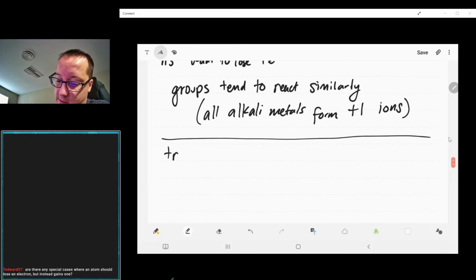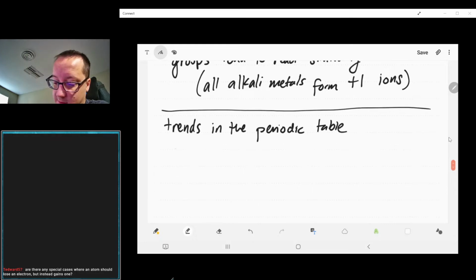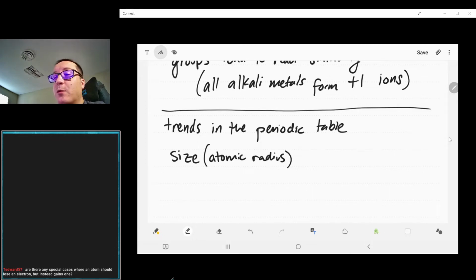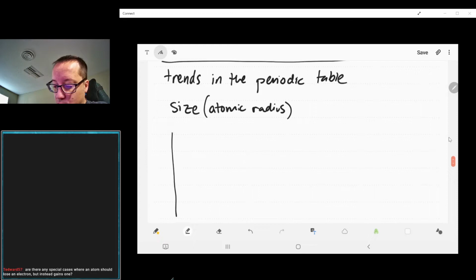Alrighty then, let's look at trends in the periodic table. And the first one we're going to look at is size, or something you might see as atomic radius. So if we were to think about the size of the atoms, let's take a look at our periodic table again.